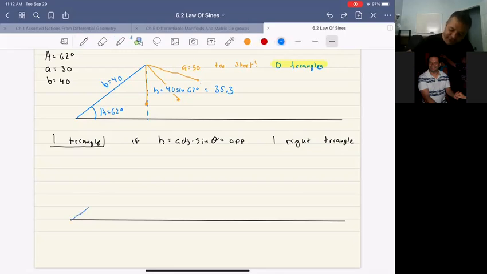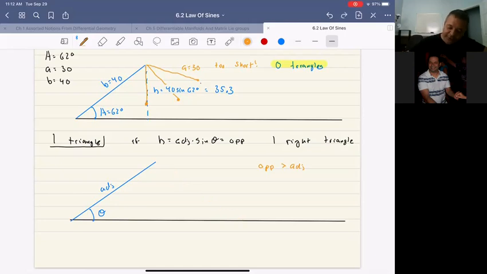We're going to be given again an angle, side, side. So we're given an angle theta here. We're going to be given the adjacent side. Now, if the opposite side is bigger than the adjacent side, then yeah, we can have a triangle over here.